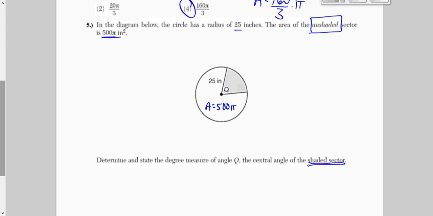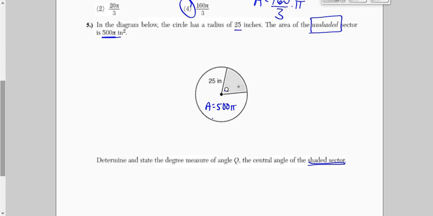We'll probably have to do some subtracting. What if we got the area of the entire circle and subtracted the area of this 500 pi sector? That would leave us the area of the shaded sector.